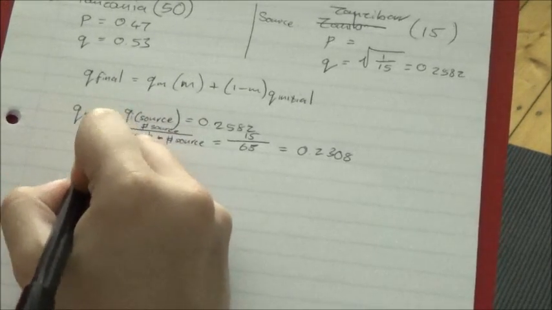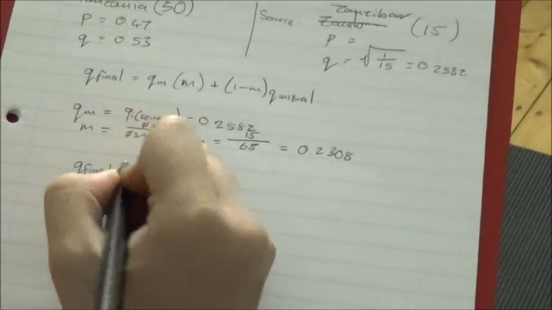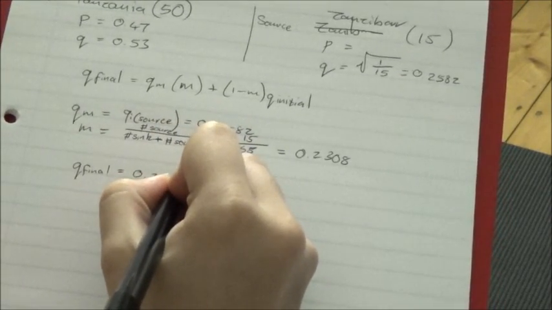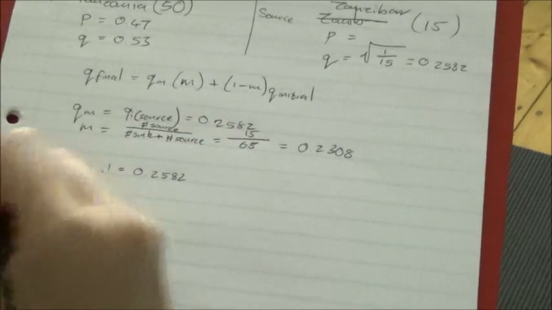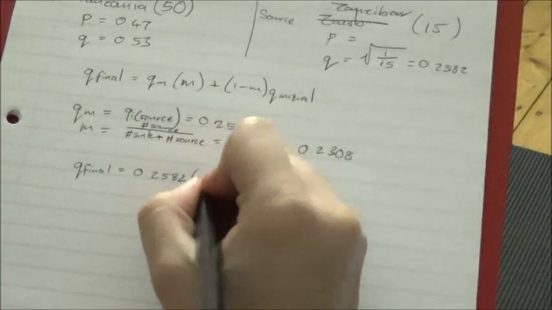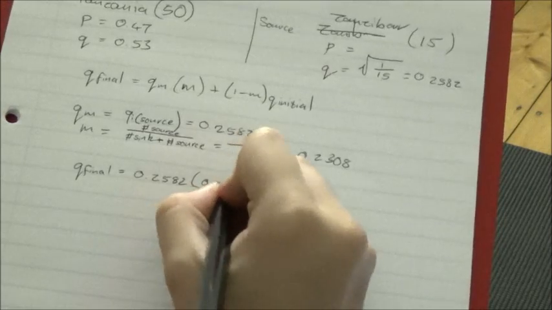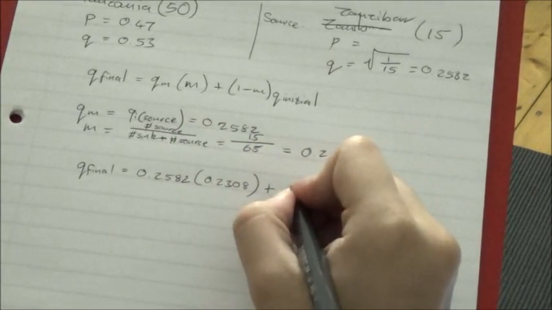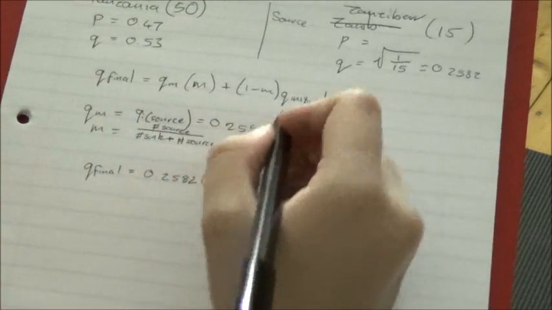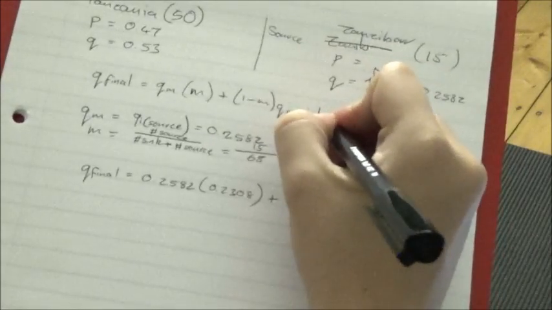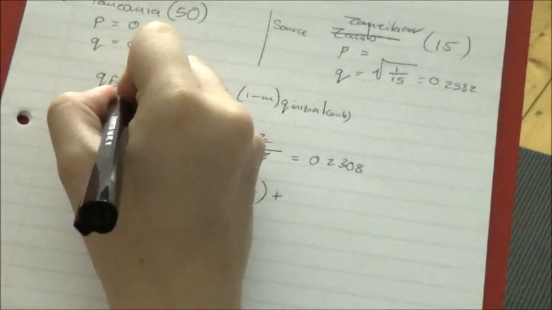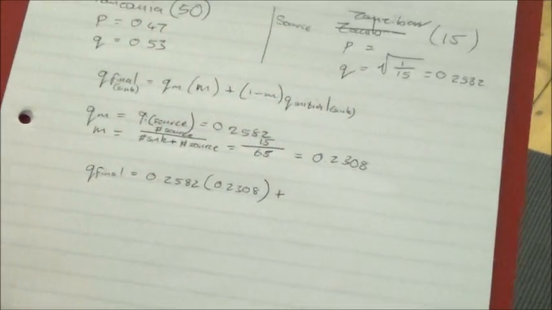Okay, now we have all of these other things, so let's substitute them into the equation. So Q final is equal to 0.2582, right? Yes. Times M, which is 0.2308, plus our Q initial, which is for your sink population, and this Q final is also obviously going to be for your sink population after the migration event.